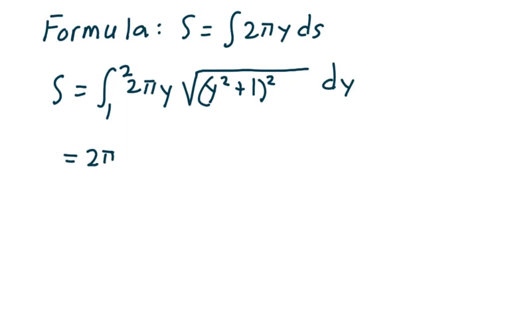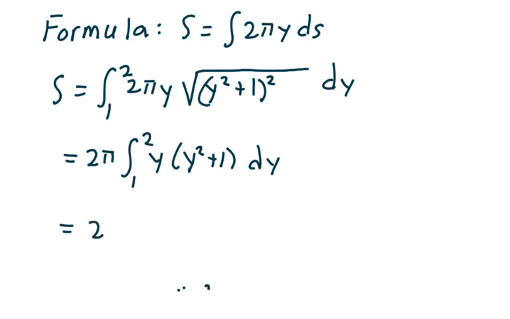So pull the 2 pi out front, and we're going to integrate from 1 to 2 of y times y squared plus 1 dy.